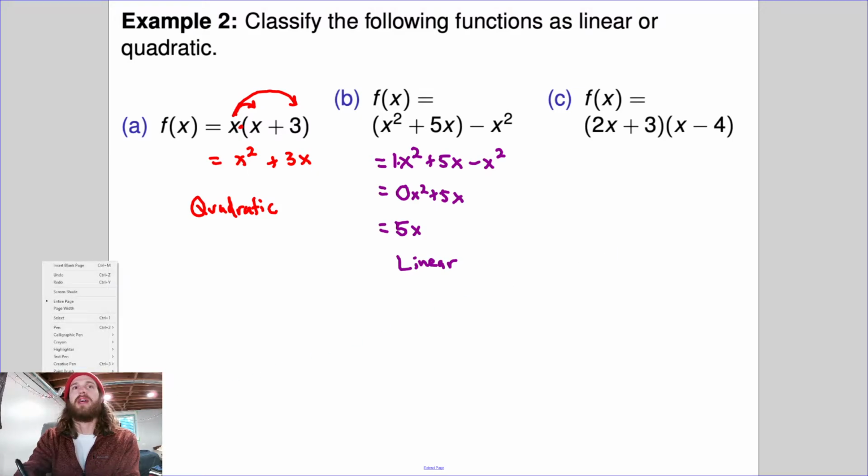Okay, and let's do our last example here, identifying linear and quadratic from an equation or function. Okay, so here we're multiplying two linear binomials. That's what these are called. And when you multiply, so this is a monomial, it's one thing times a binomial.